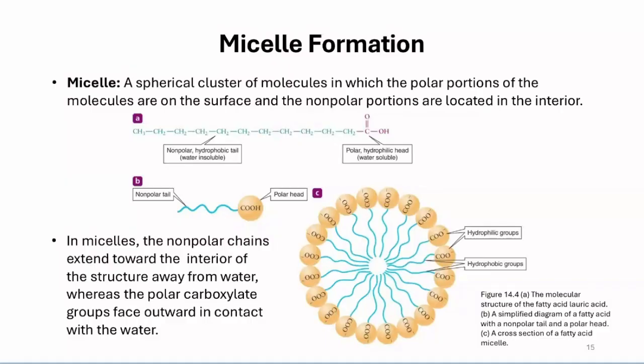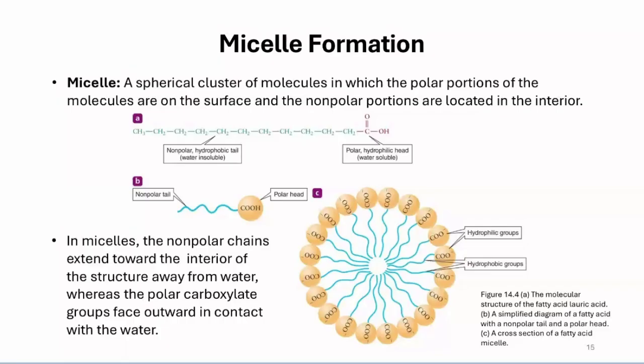One of the things that soap molecules can do is form micelles. Micelles are spherical clusters of molecules in which there is a polar portion that is actually at the surface of the micelle, and we have a non-polar portion that is located in the interior of the micelle.